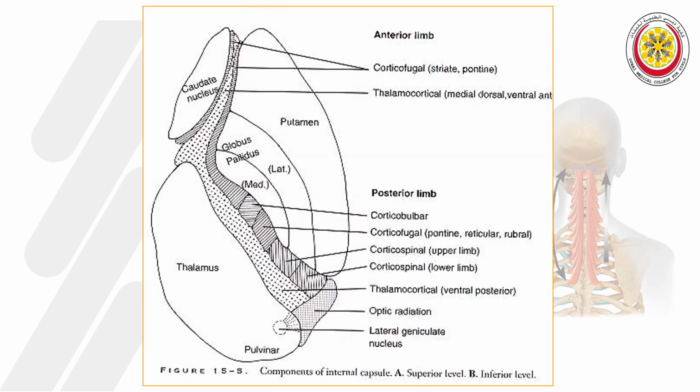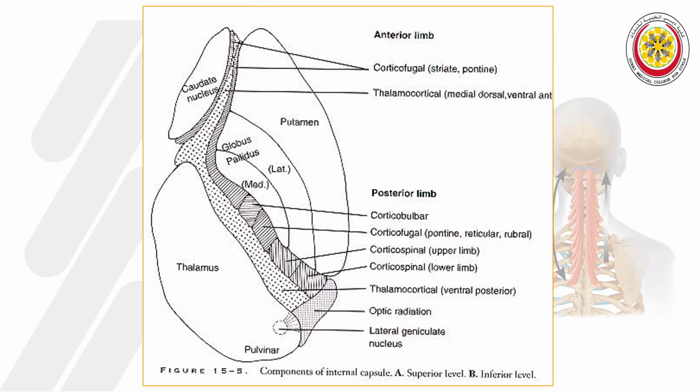And this is a beautiful illustration showing you what we have in the anterior limb. We call them the corticofugal fibers and the thalamocortical fibers in the anterior limb.